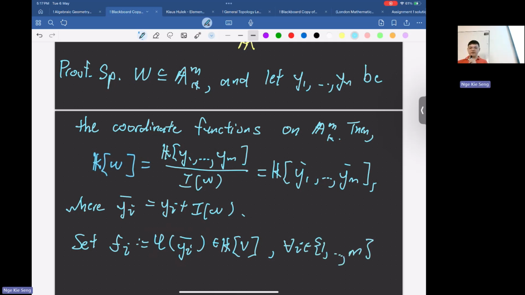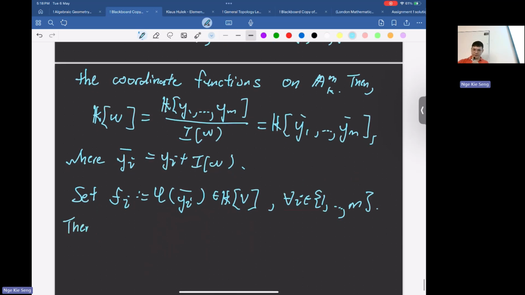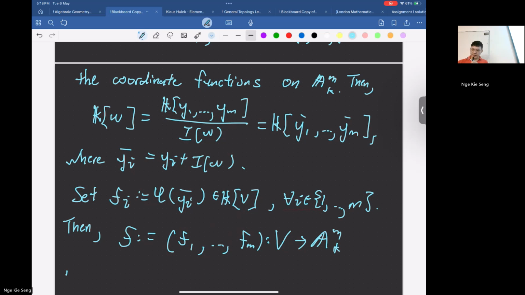So if we define this, what do we need to check here? Then what's the whole picture? We will say that this f defined by these f_i, from V to A^m_K, is a polynomial map. Why?